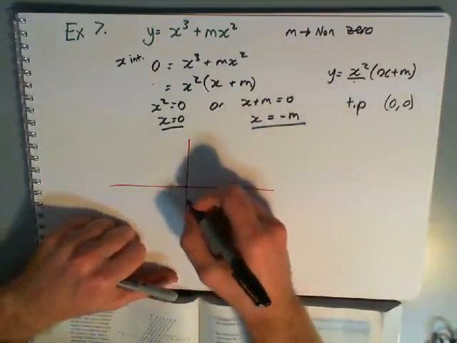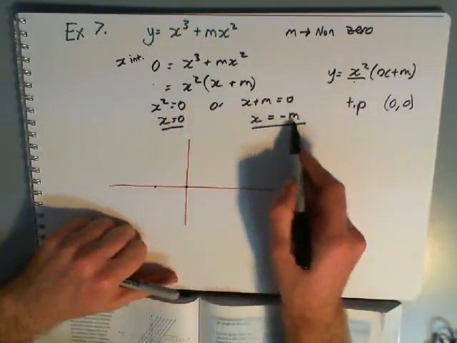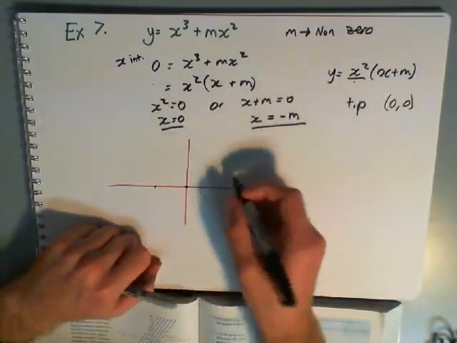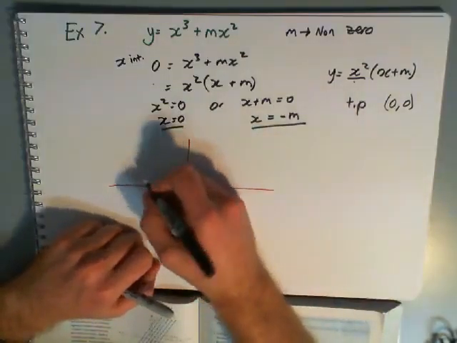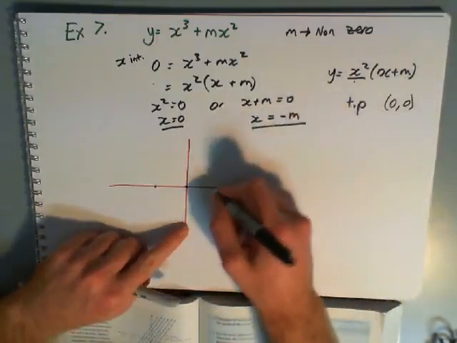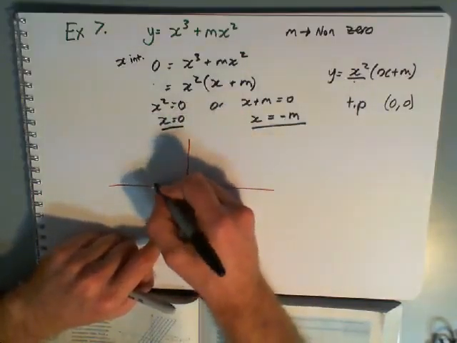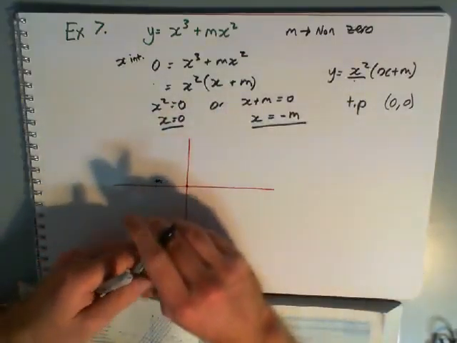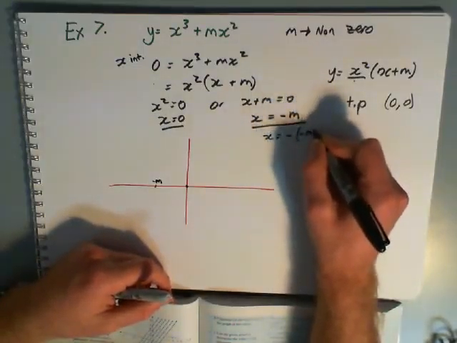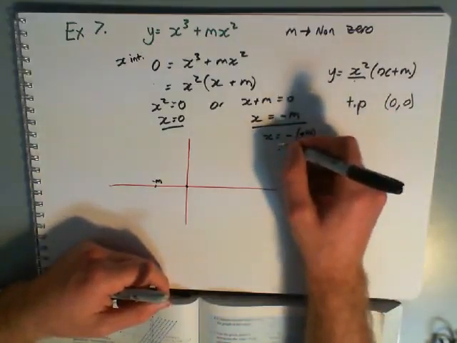Now, if m is negative, we're going to have an x-intercept at positive m. But if m is positive, we'll have one at negative m. So I'll have a look at when m is positive to start with. If m is positive, this will be negative m. How did I get that? x equals negative m, and m is positive, so we get minus m.